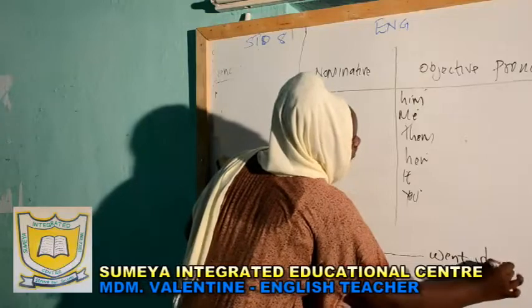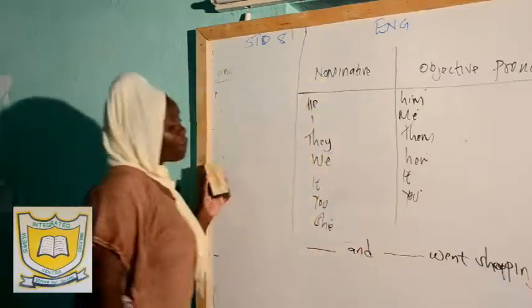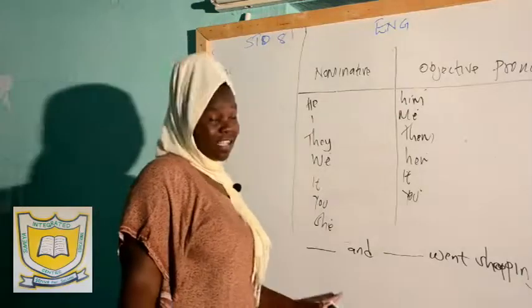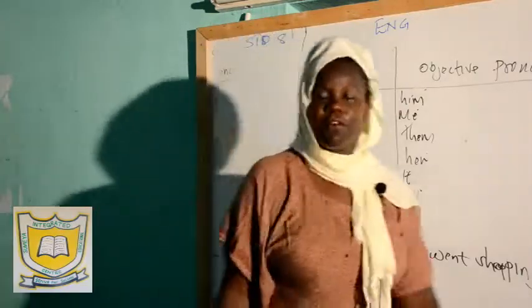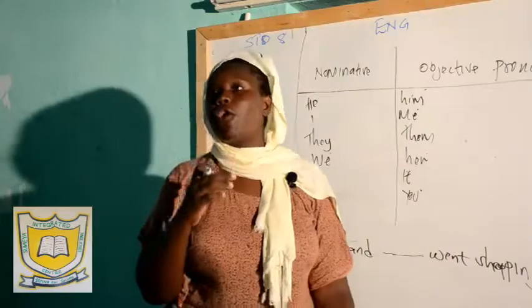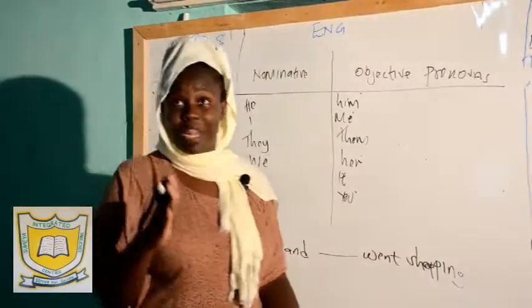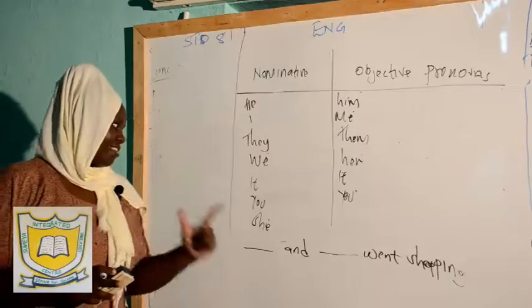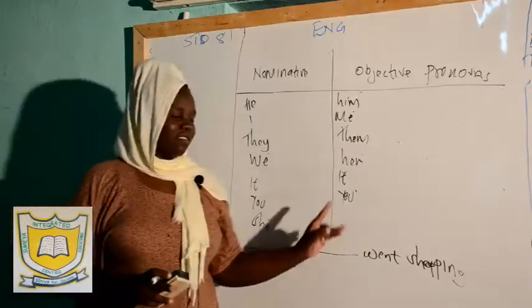Dash and dash went shopping. Now, for you to come up with the correct pronouns to fill the blank space, you must know the following. When it comes to nominative and objective pronouns, this is how we are going to use them in a sentence.